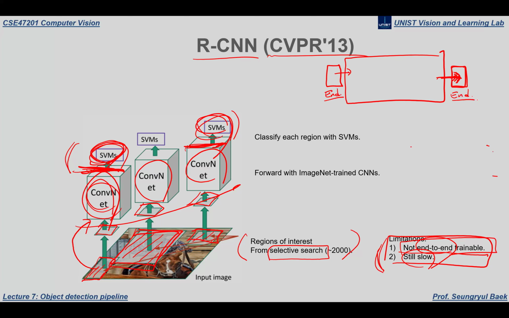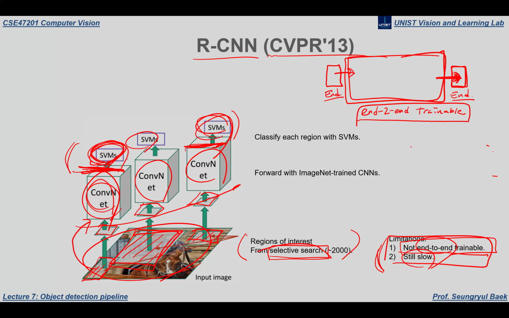So normally it is called end-to-end trainable when the CNN is all using this initial input and final output. But here, we are using some selective search algorithm to first process the images into some patches, and then we apply SVM later.